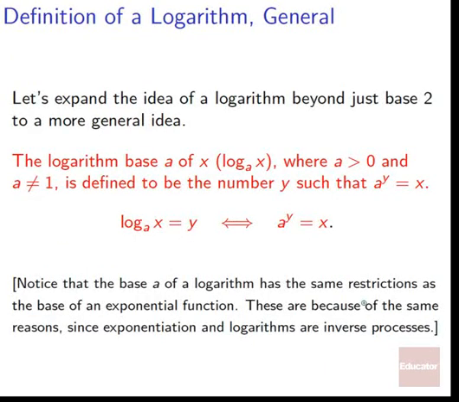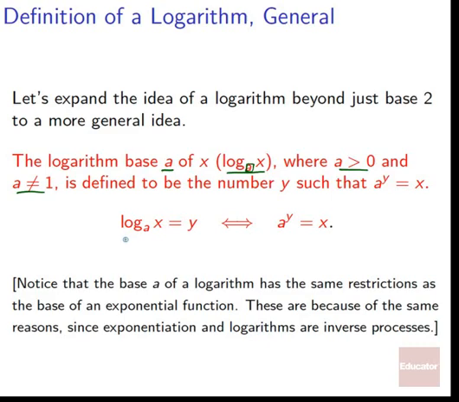We can expand this idea to something beyond just base 2, to a general idea. The logarithm base a of x, log base a x, so that little a down here is a subscript, where a is greater than 0, and a is not equal to 1. So our base has to be greater than 0, and our base has to not be equal to 1. It is defined to be the number y such that a to the y equals x.